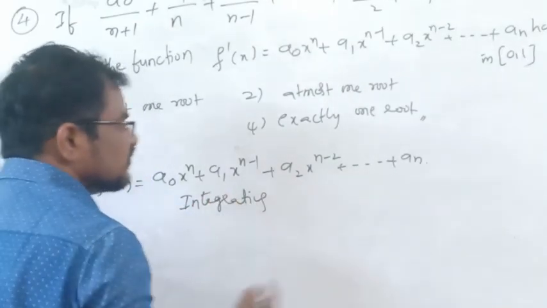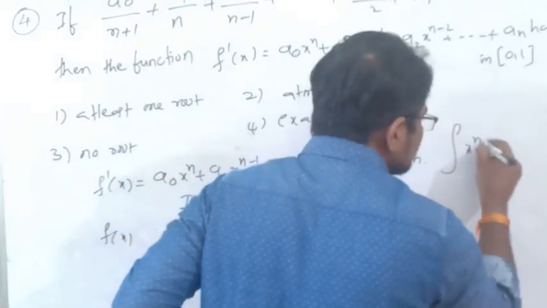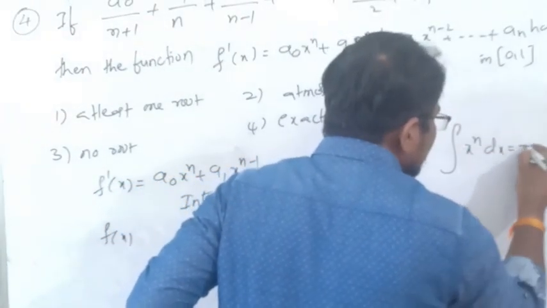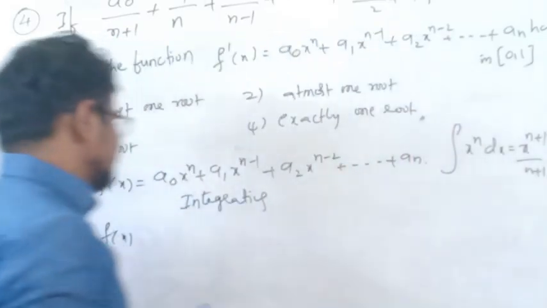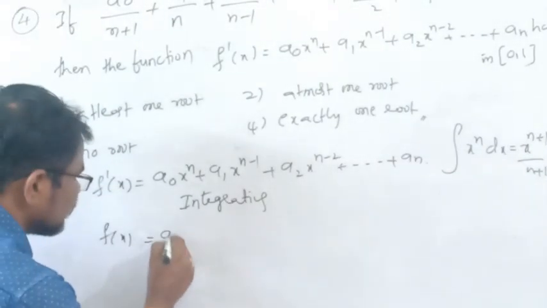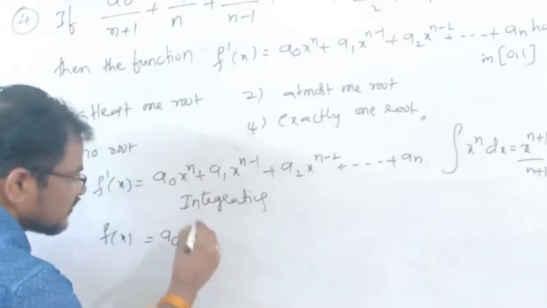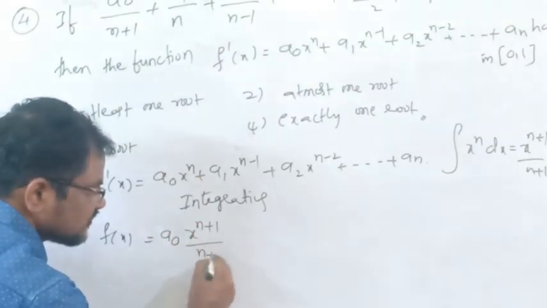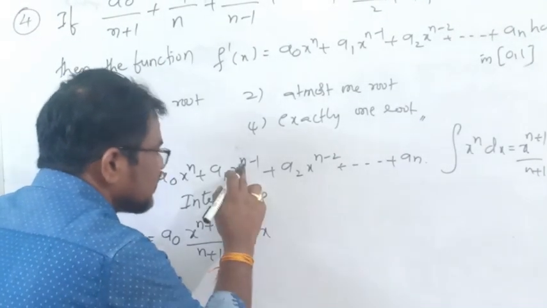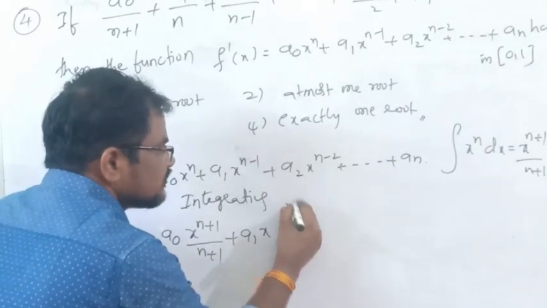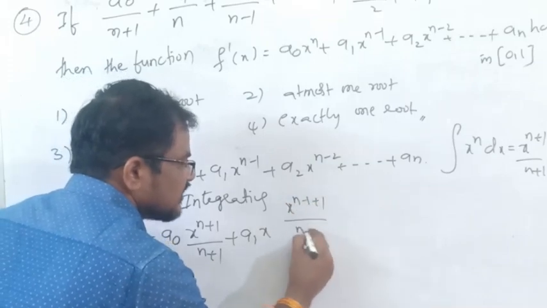on both the sides. We know that integration of x to the power of n dx equals x to the power of n plus 1 by n plus 1 plus the integral constant. Now f of x equal to a0 into x to the power of n plus 1 by n plus 1, next plus a1 into x to the power of n minus 1 plus 1 by n minus 1 plus 1.